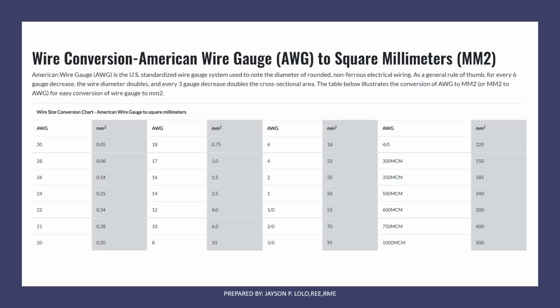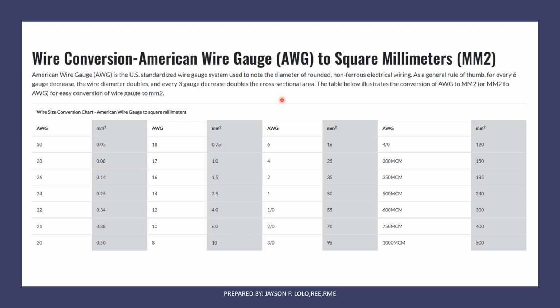This is the table of conversion of the wire system. Take note that the American wire gauge is the US standardized wire gauge system. Since the Philippines was colonized by the Americans, we have the American wire gauge system in electric wires.